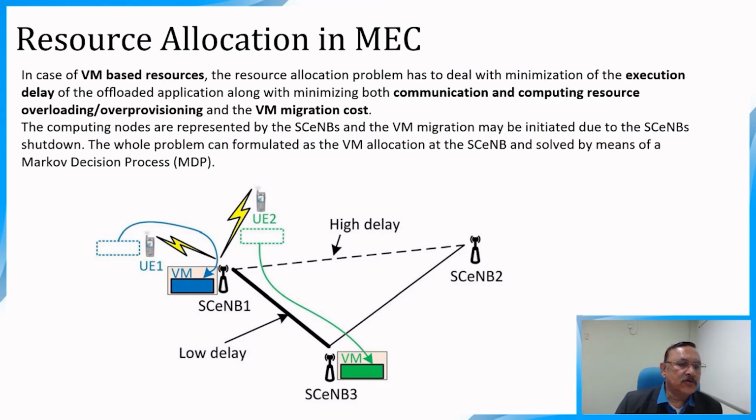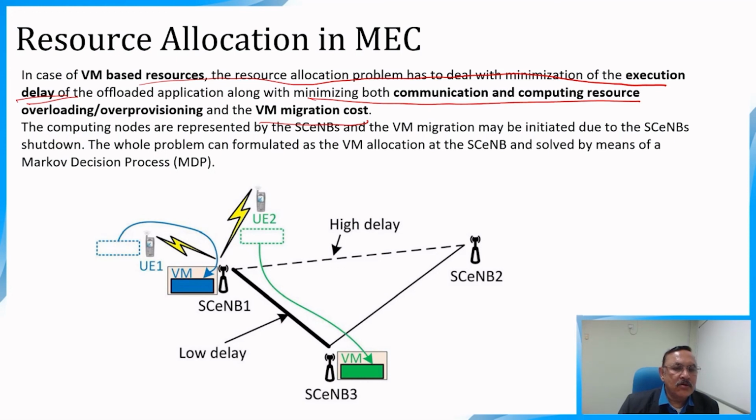So, in the virtual machine based resources, the resource allocation problem has to deal with the minimization of execution delay of the offloaded application, along with minimizing the communication and computing resources and the virtual machine migration cost.